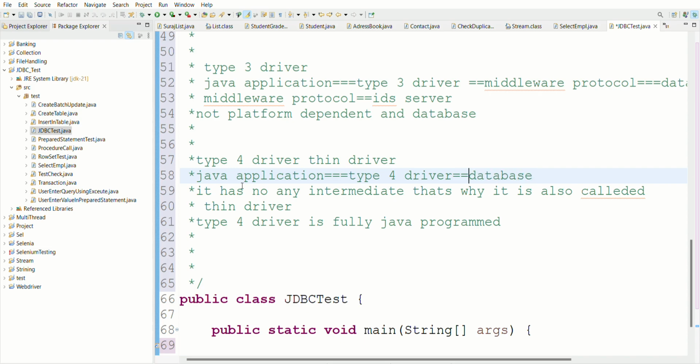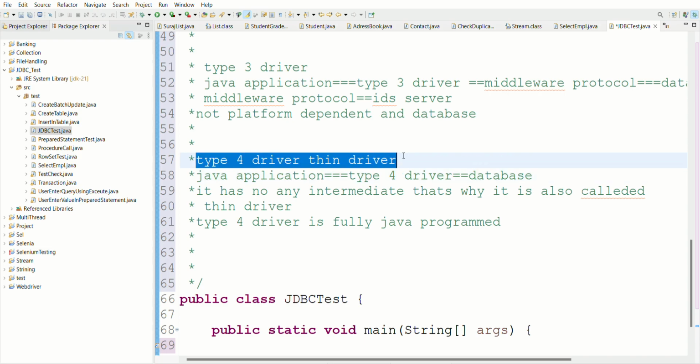So a type 4 driver is mostly used when we are using a project on the same database. It means if in your project you are using only one type of database, like I am using only Oracle in my whole project, then it is recommended to use the type 4 driver. As you know, the type 4 driver is a little bit platform dependent.